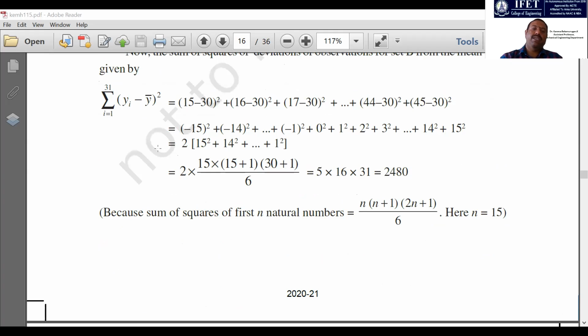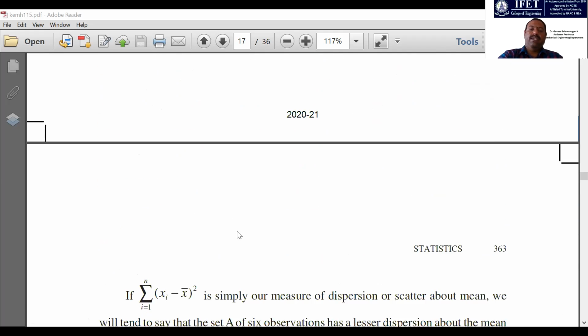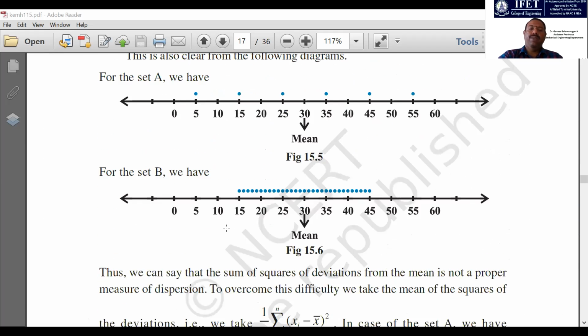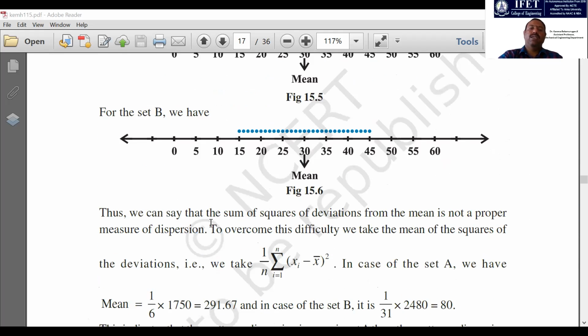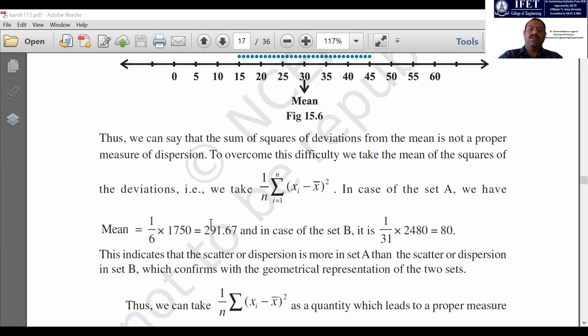And to find out the meaningful interpretation from these observations, we are taking the mean of these deviations. Now you see this formula here: 1 by n summation of i equals 1 to n, x of i minus x bar, whole square.